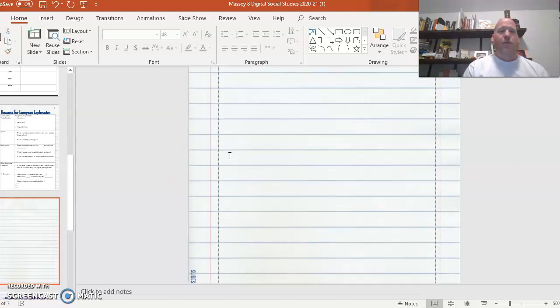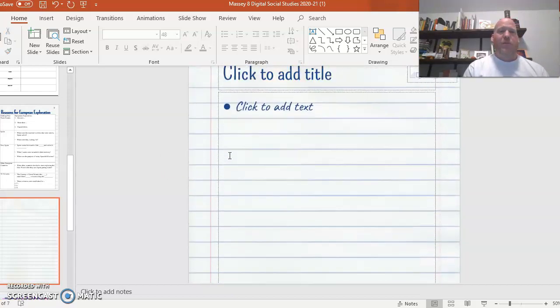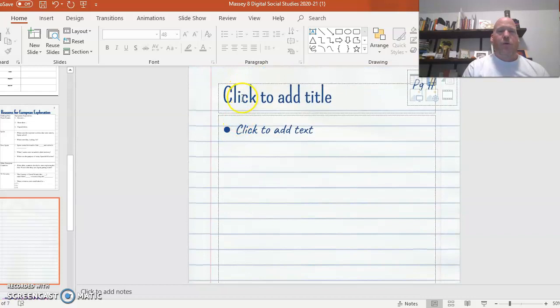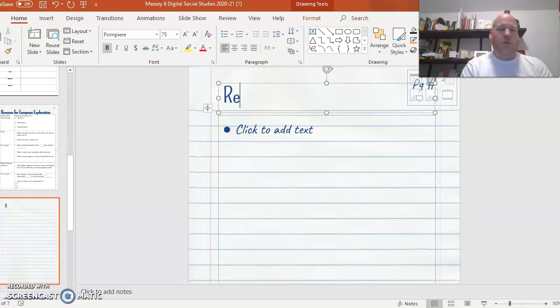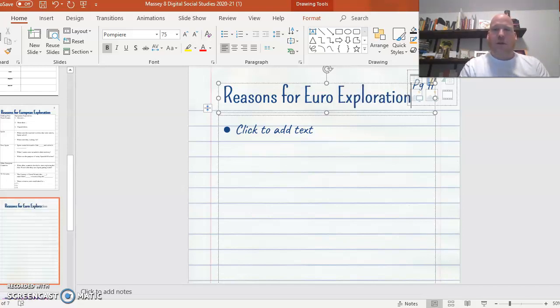Now, over here on this ruled piece of paper that we just created, we're going to continue reasons for, and I'm going to abbreviate a little bit just for the sake of time, reasons for European exploration.